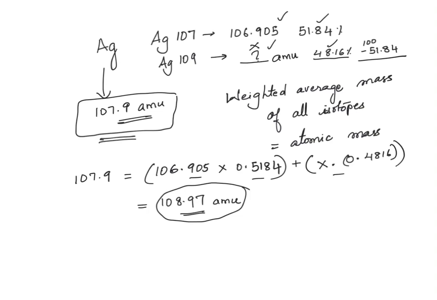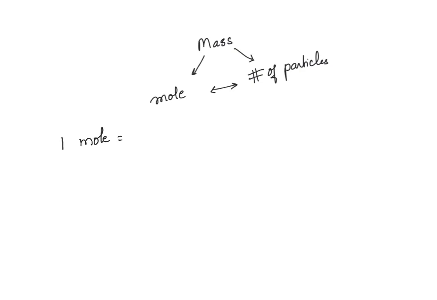The third kind is where you will have to convert between mass, number of particles, and mole. Remember, you have to keep in mind 1 mole is 6.022 times 10 raised to 23 particles or items, right? Items, particles, number, whatever.